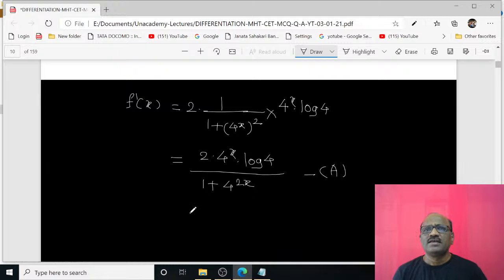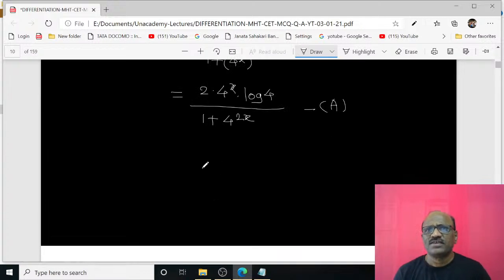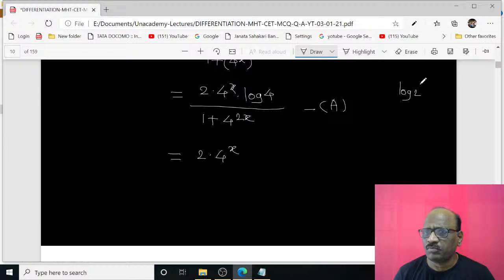Now next, again we will simplify here. We can simplify like this. Here is 2 into 4 raised to x. Now what about log of 4? Log of 4 can be written as log of 2 raised to 2, which is 2 into log of 2.